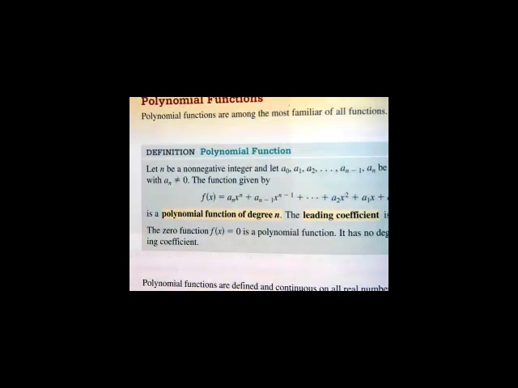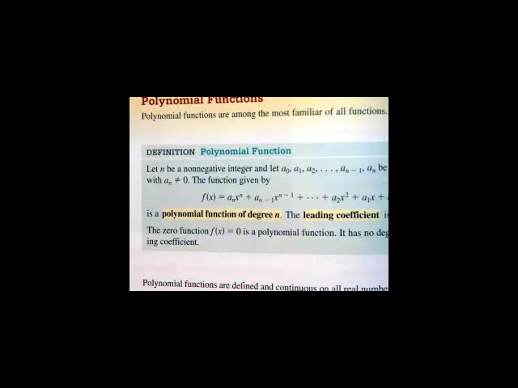Don't worry about the subscripts. It's just a notation thing to count how many of them there are. So we have a bunch of coefficients, all multiplied by x, raised to some power. And the powers start at n and also go down, etc., to 1, 0.